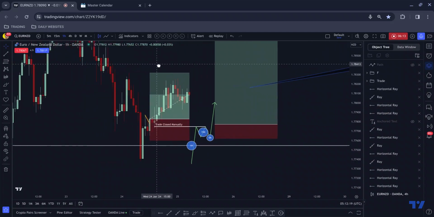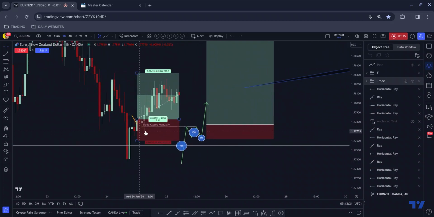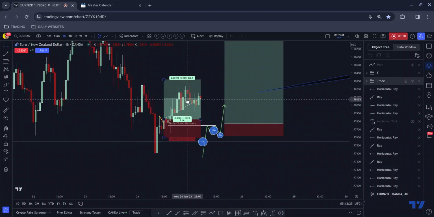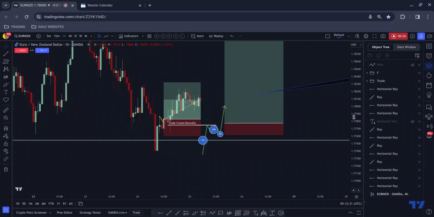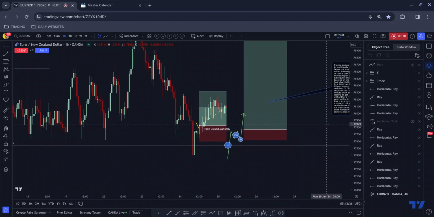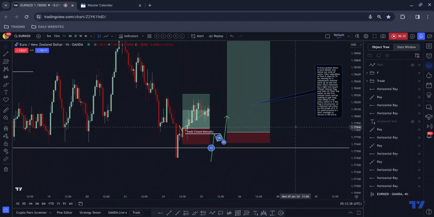I was managing this on the 1 hour chart. And the reason being is because you might be thinking, well, why didn't you just leave it open? Well, who was it? My Forex funds. I know they've been involved in manipulation and all kinds of stuff, but My Forex Funds, I think it was last year, released some data, and that data revealed one of the things that stood out to me.